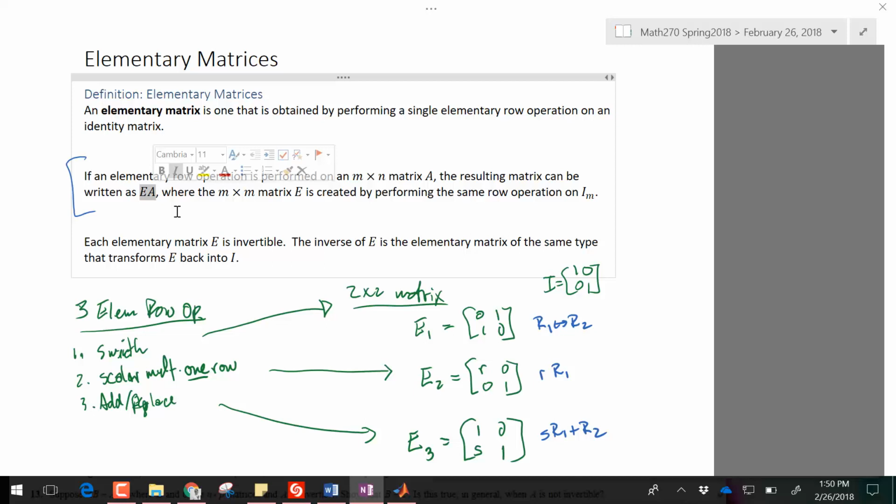Which type it is, and then try to identify. The first thing you do is figure out what size your matrix is, because this is an example on 2 by 2, but this could be a 4 by 4 matrix. Yeah, what size the E matrix is depends on the identity matrix. It depends on the size of A to begin with.